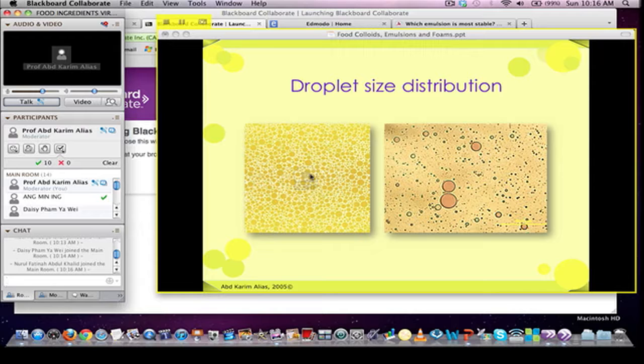But when we force them to separate into droplets like this, over time they tend to come together and merge and form bigger droplets. So this is the reason why we have to find ways to stabilize the emulsion by adding emulsifiers and by using other factors such as increasing the viscosity of the continuous phase.